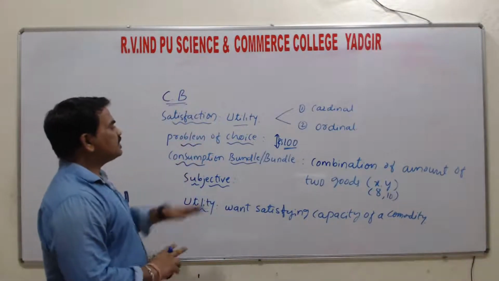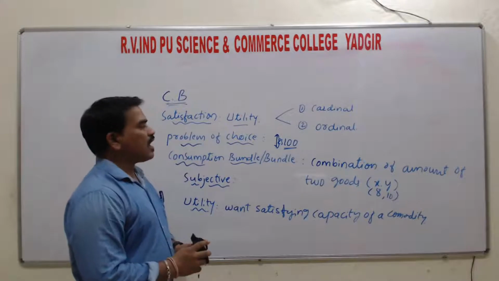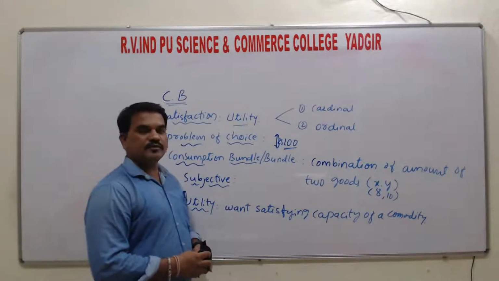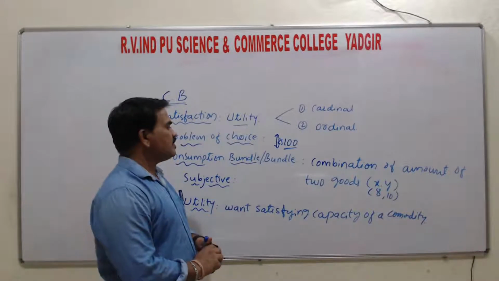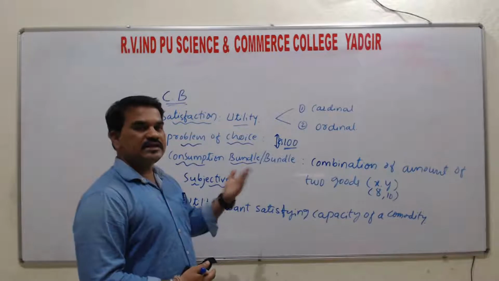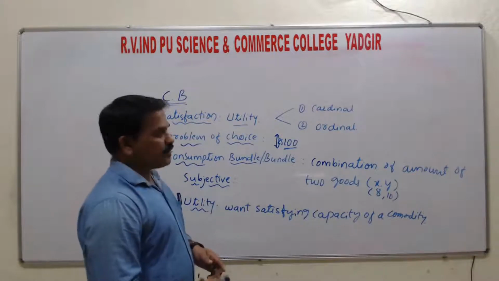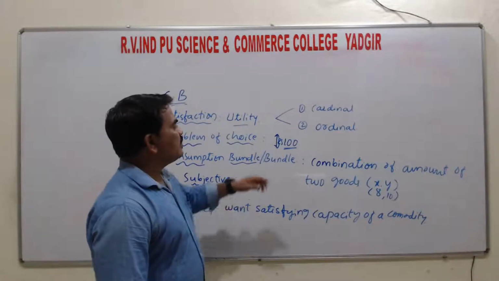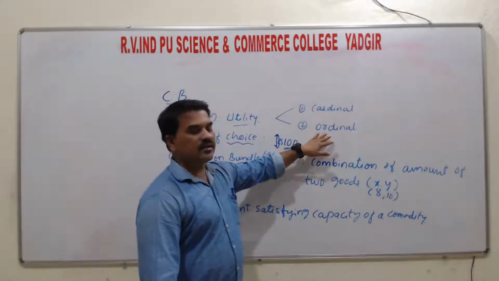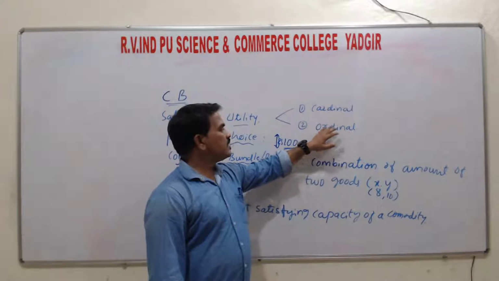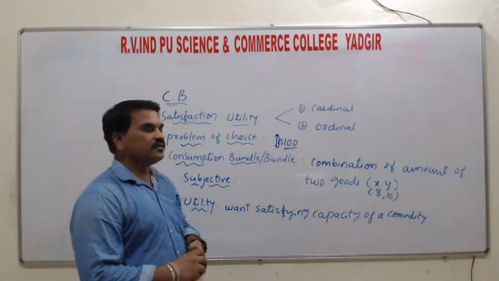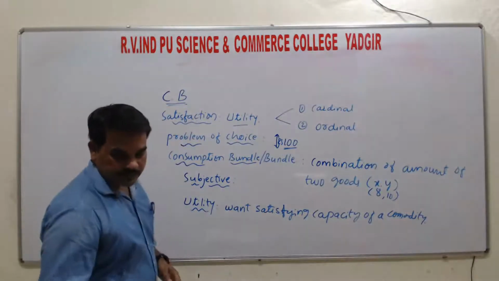When we say utility is satisfaction, how can we measure the satisfaction level? It is a bit difficult to measure the satisfaction level, but we found a way to measure how much we are satisfied, in terms of cardinal utility analysis and ordinal utility analysis. Using these two methods, we can measure the satisfaction level.